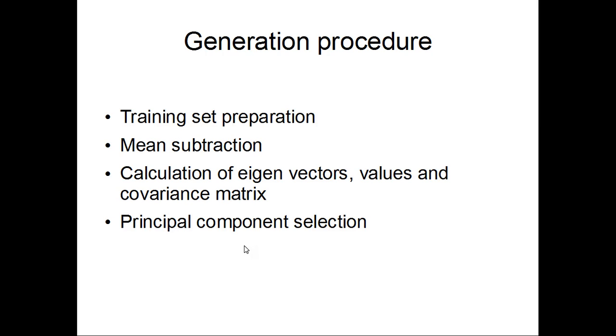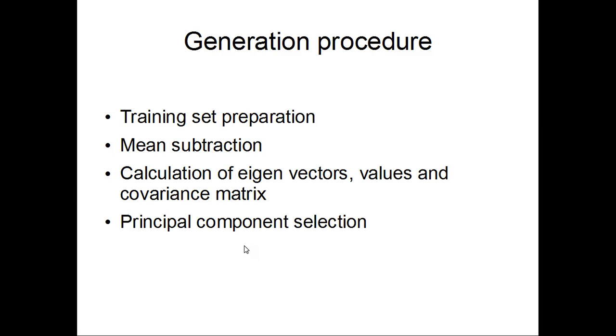This is the general procedure, the sequence of steps used in eigenface detection. The first is training set preparation. To prepare a training set, the pictures constituting it should all have been taken under the same lighting conditions and must be normalized to have the eyes and mouths aligned across all images. They must also be resampled to a common pixel resolution, and each image is treated as one vector.